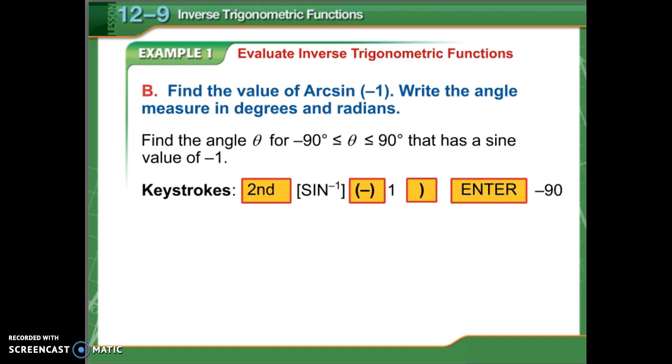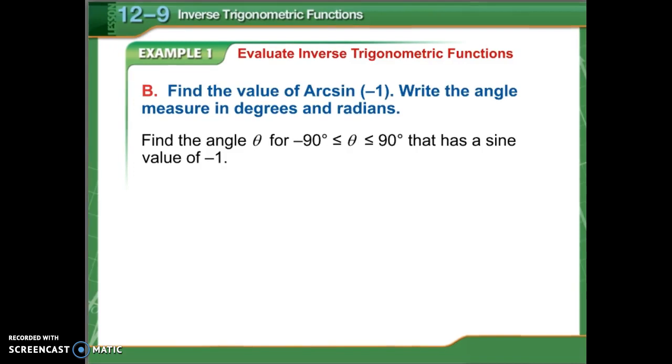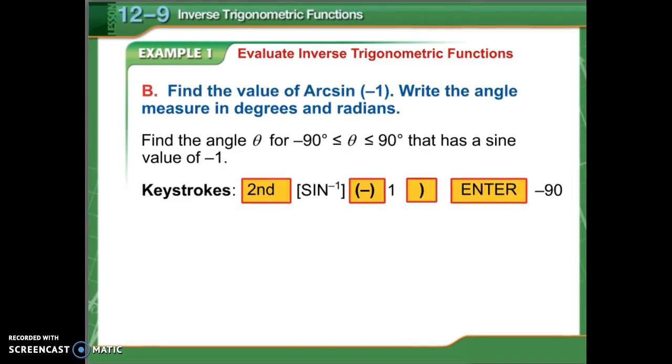Looking in between those values, the angle that has a sine of -1 would be the 3 pi over 2 angle or the negative pi over 2 angle, which is the 270 degree angle or -90 degree angle. Because we're keeping in this interval between -90 and +90, you want to go with -90, which is the same as negative pi over 2. So our answer is -90 degrees or negative pi over 2.